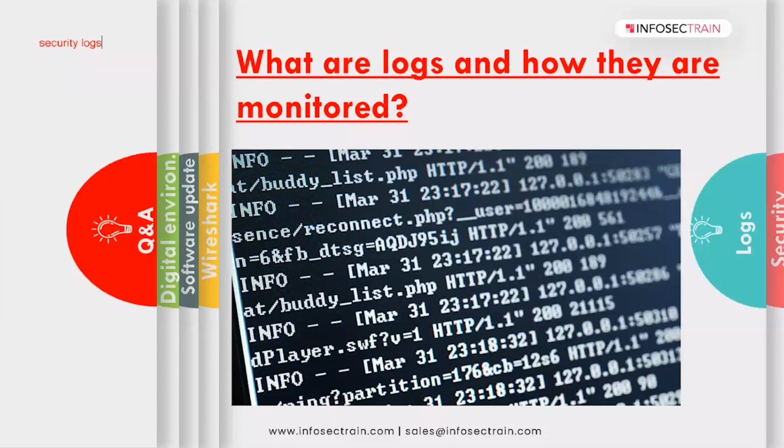But one day, the security team notices a series of failed login attempts from multiple users, originating from various countries. By analyzing the security logs, they can discover a coordinated brute force attack targeting their organization's customer database.